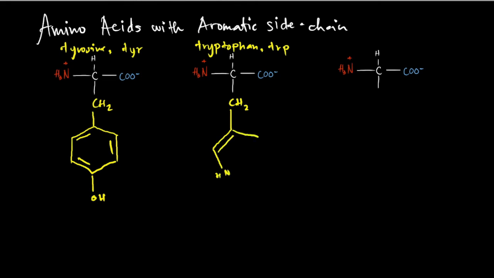We have bond here, then bond here. Nope. Then we have this benzene ring. Hindi ko napagkabit yun. So we have here this benzene ring. So this is our tryptophan.